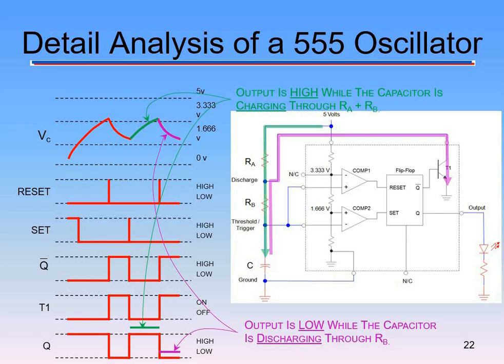I don't expect you to grasp all of this at one time, but when we're charging, Q is on, or the LED is on, and when we're discharging, the LED is off. So charging, LED's on, discharging, LED's off. Charging, discharging, on, off, high, low, and I want you to start thinking about this: true, false, true, false. We're going to get into that soon on what those really mean.